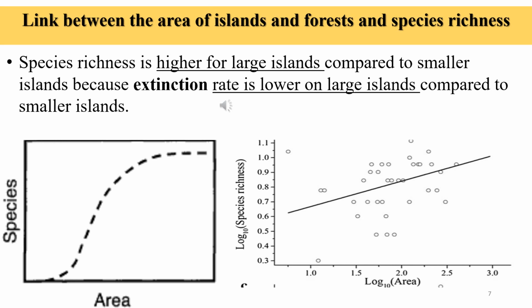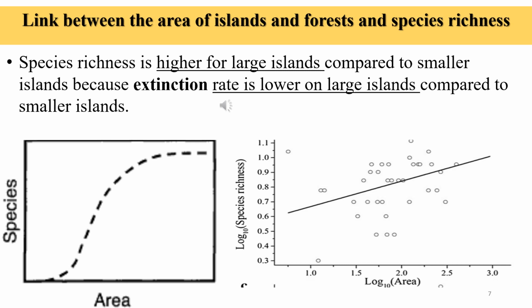The other very important connection between the two main topics is the link between the areas of islands or habitat patches and the species richness. According to the species area relationship, if two islands are the same distance from the mainland, the large island will have more species than the smaller island.